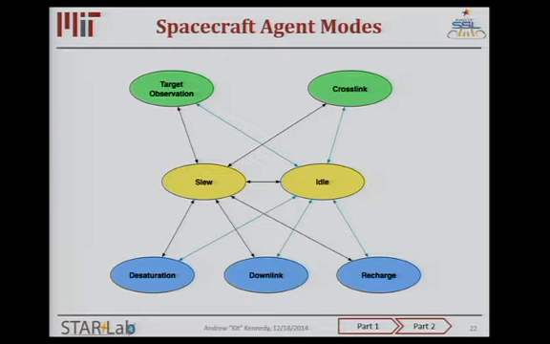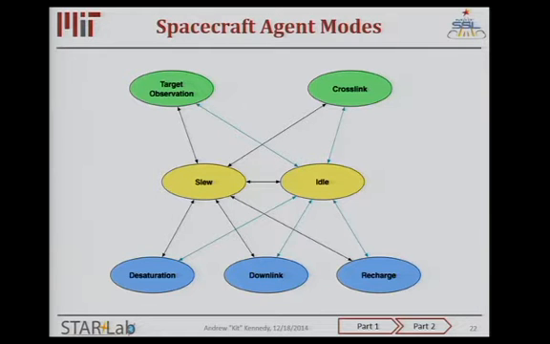So you want to spend the most time in a target observation mode and minimize the time between a target observation and a crosslink, to minimize the staleness of that state information. These activities at the bottom are management activities. So desaturation reduces stored angular momentum. Downlink reduces stored data, and recharge increases stored energy.